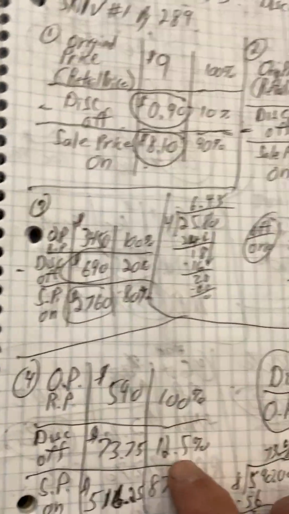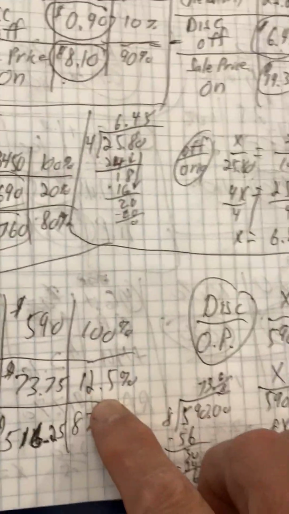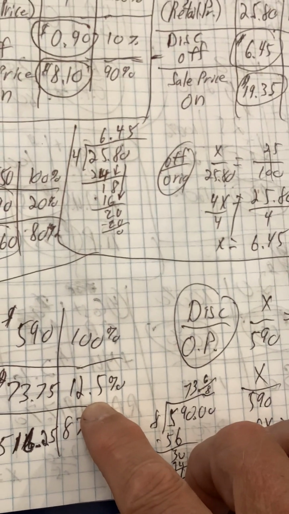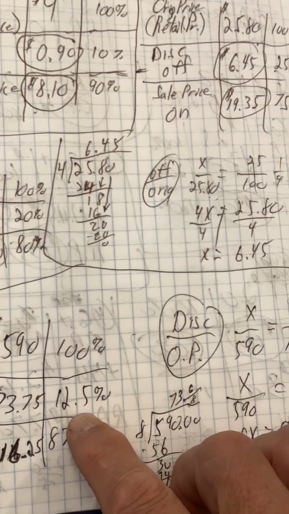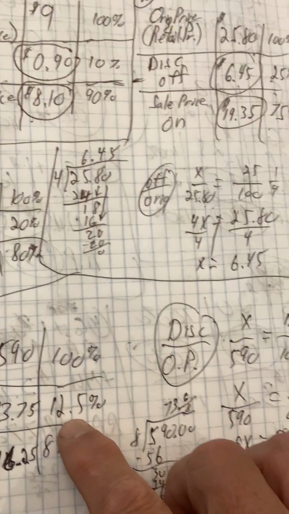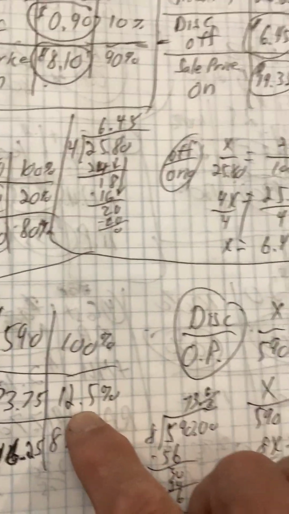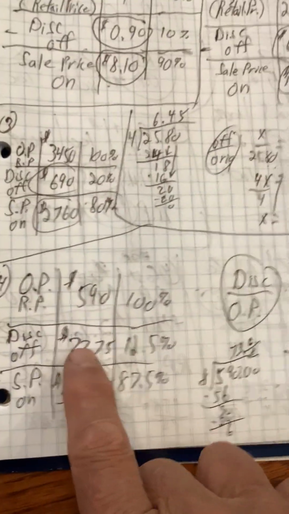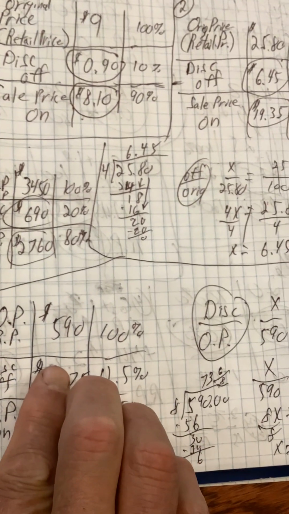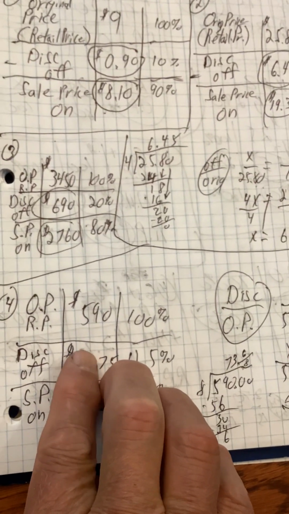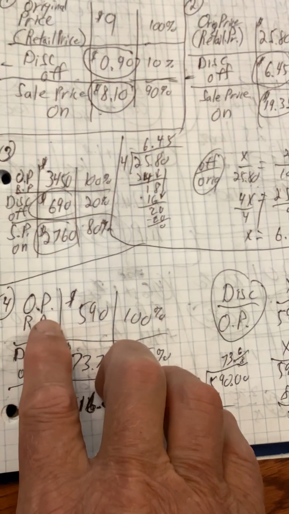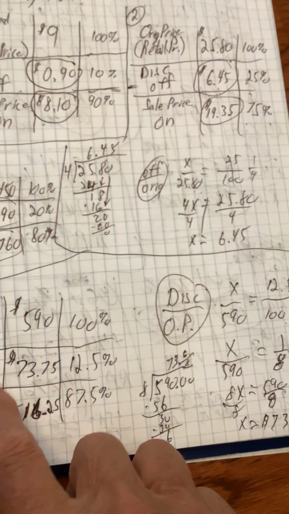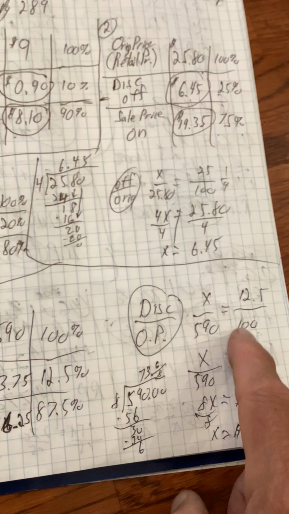Here's my $590, and they gave me the discount rate of 12.5%, which I know is 0.125, which I know is 1/8. When I went to set this up, I didn't know this stuff. So I just went discount over original price and went my x over 590 equals this over that.